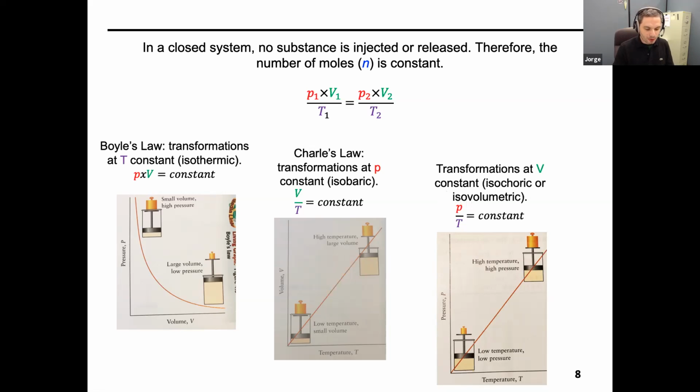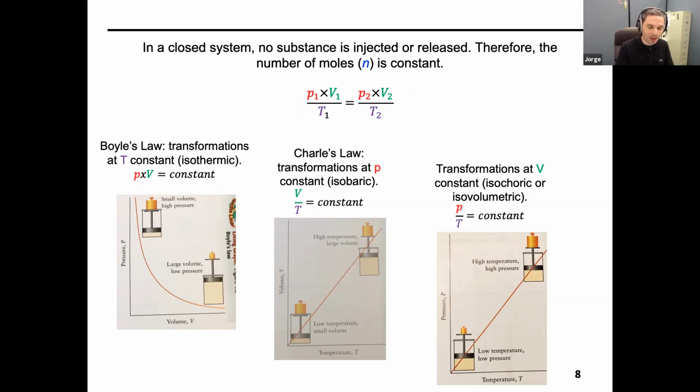So a general gas transformation is described by PVT equals PVT. And within that, we can have three special situations: a transformation at a constant temperature, or constant pressure, or constant volume. In all those cases, you can use the general equation that describes any sort of gas transformation.